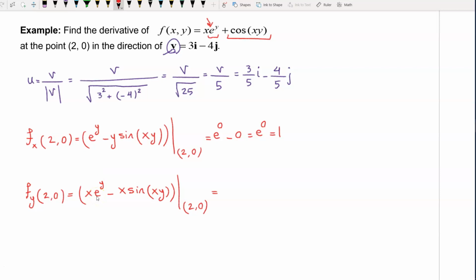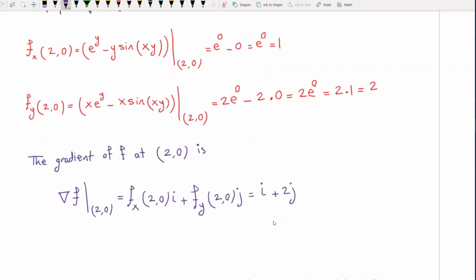So we have x is 2 times e to the power 0 minus x is 2, then sine of x times y, so it is sine 0, and sine 0 is 0. So this is equal to 2 times e to the power 0, so this is 2 times 1, that is 2. So the gradient of f at this point (2, 0) is equal to i plus 2j.